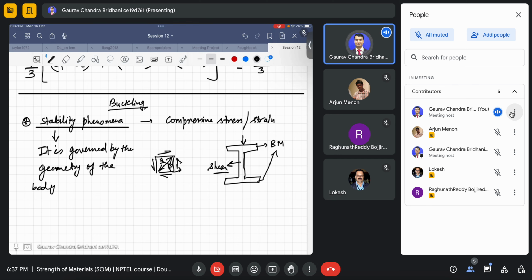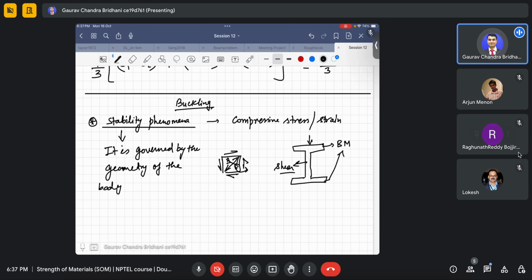Now, how geometry governs, we'll discuss further, how geometry takes charge there.